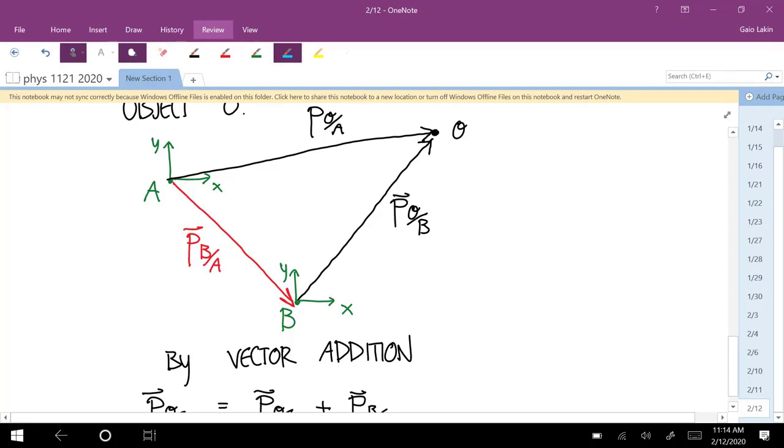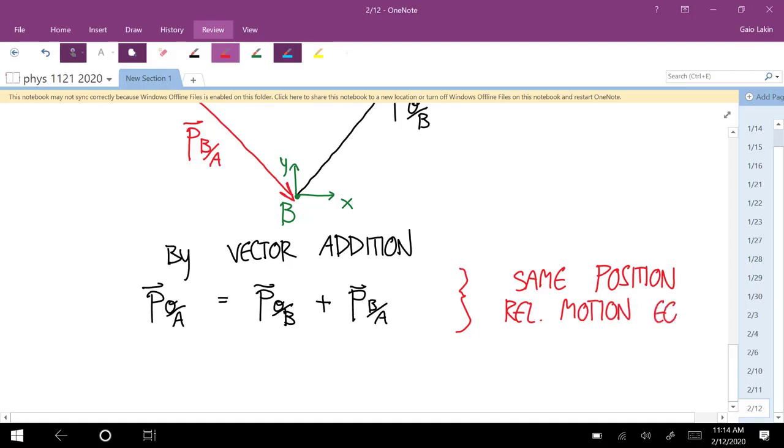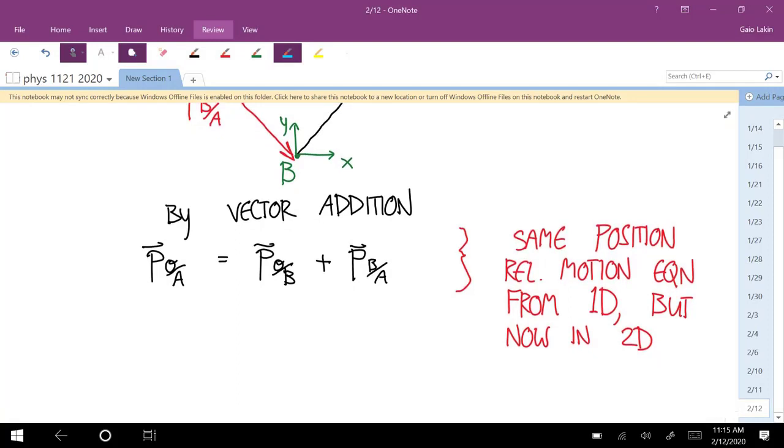And what we have is the same position relative motion equation from 1D, but now with vectors, now in 2D. And notice that the fraction multiplication memory device still works.